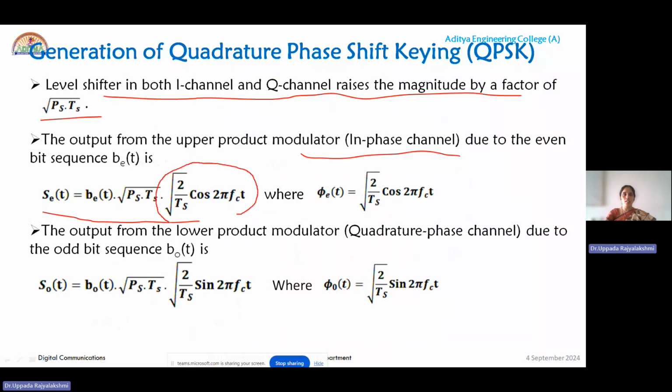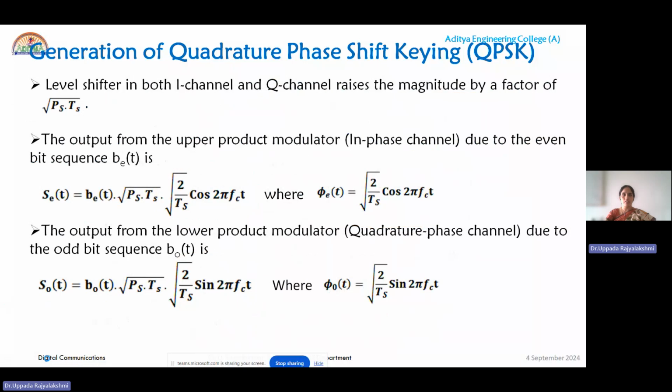Now we know that this is the quadrature carrier. You can say that it is the one-bit energy carrier in the in-phase. Similarly, let us represent the output of the Q-phase channel as b_o(t) root Ps Ts into root 2 by Ts sin 2 pi fc t. This is called phi_o(t), that is root 2 by Ts sin 2 pi fc t.